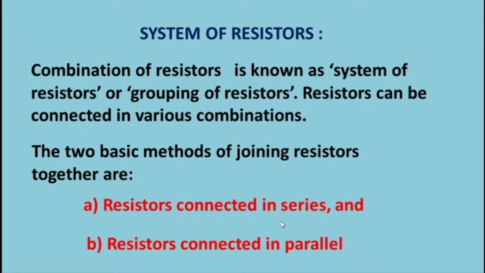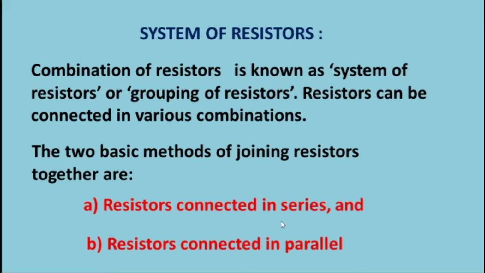System of resistors. We know how the resistance of a conductor affects the current through a circuit. You have studied the case of a simple electric circuit containing a single resistor. It means it contains only one resistor. Now in practice, you may encounter a complicated circuit which uses a combination of many resistors.